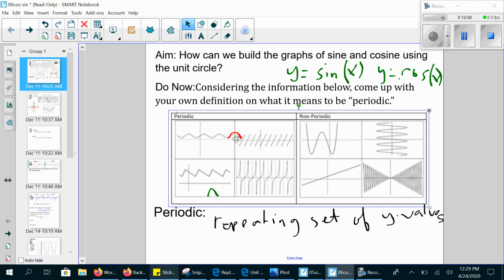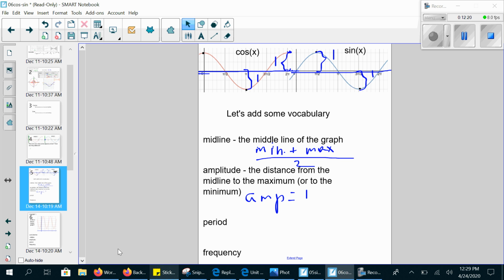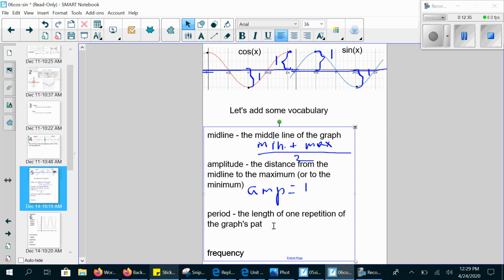Okay, this piece of the graph that can move, that is one period of a periodic function. So more specifically, when we talk about the period, we're talking about the length of one repeating piece of the graph, or one repetition of whatever that pattern is. And by length, I mean the length of its distance along the x-axis.